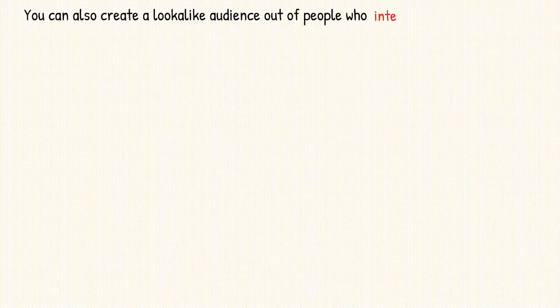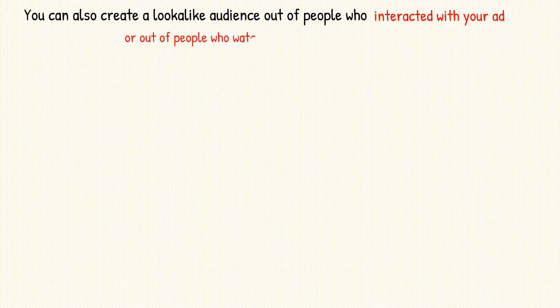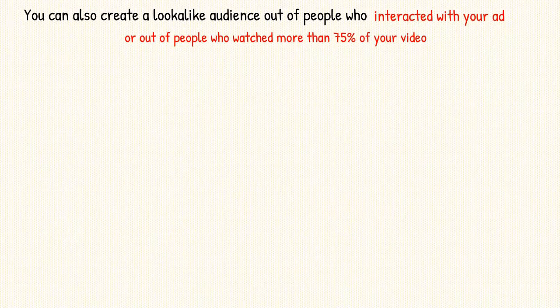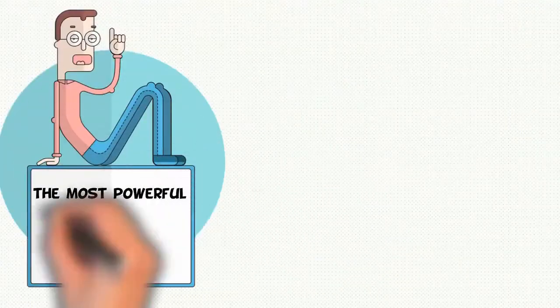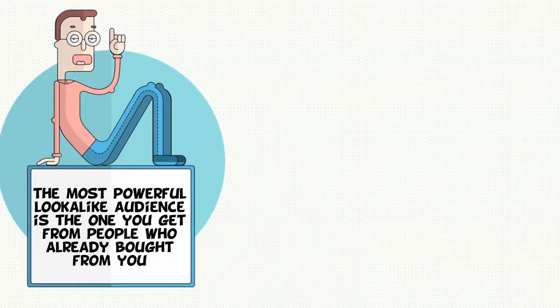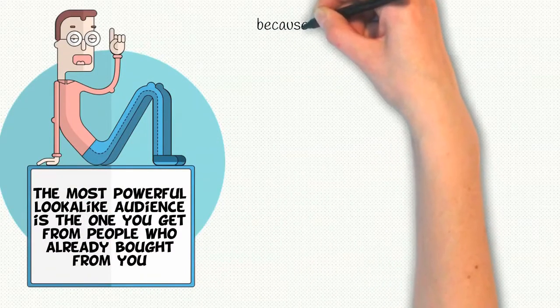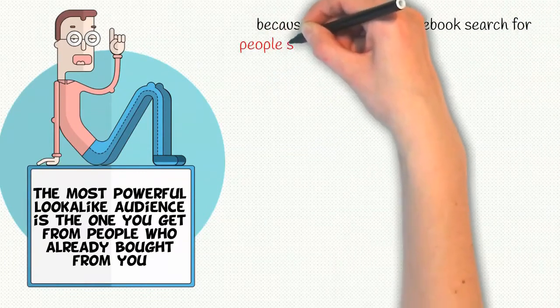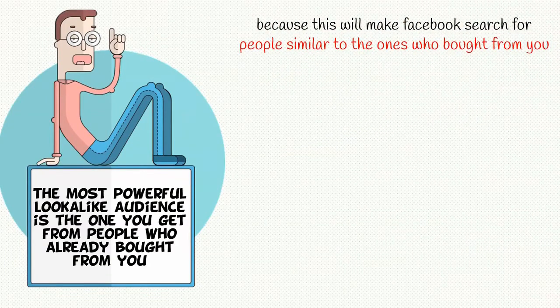You can also create a lookalike audience out of people who interacted with your ad, or out of people who watched more than 75% of your video. And there are plenty of possibilities, but of course, the most powerful lookalike audience is the one you get from people who already bought from you, because this will make Facebook search for people similar to the ones who bought from you.